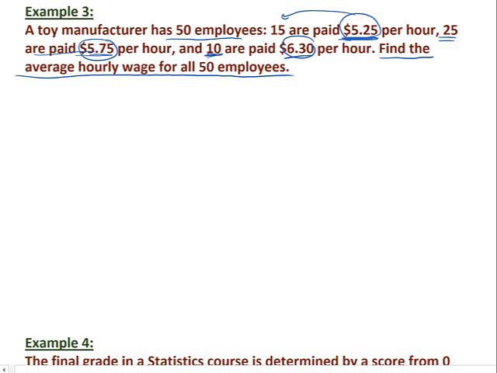So the average wage for all 50 employees is similar to the combined mean.